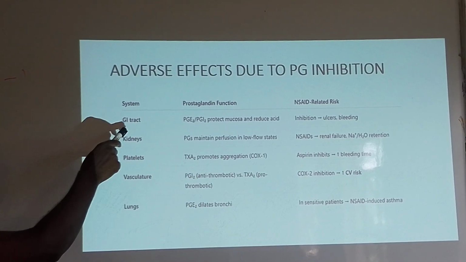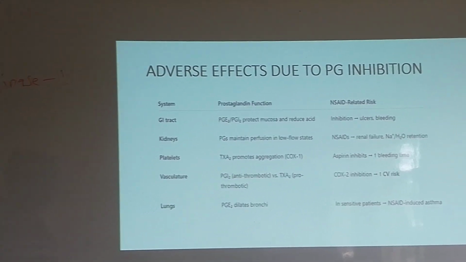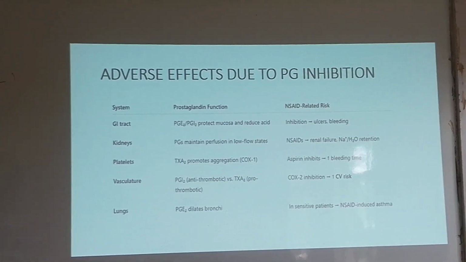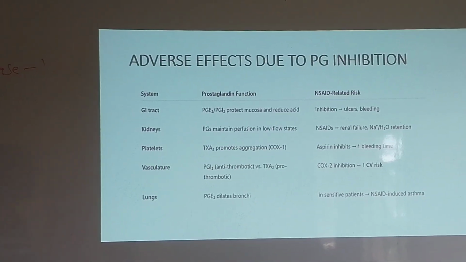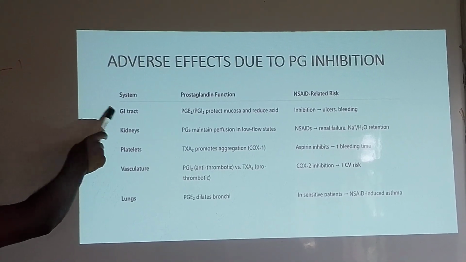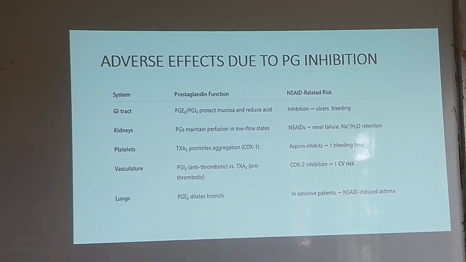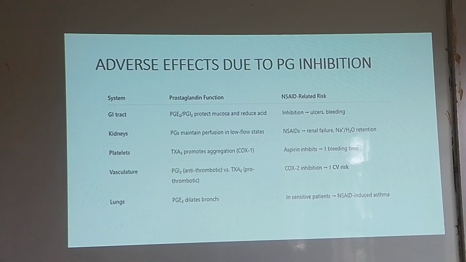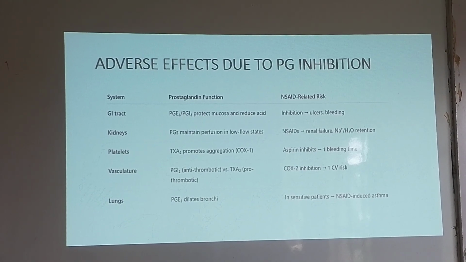So when you inhibit these enzymes using the NSAIDs, the patient has a risk of getting ulcers and bleeding. That's why in patients with PUD, there is caution. You need to take caution in selection of these pain relievers.